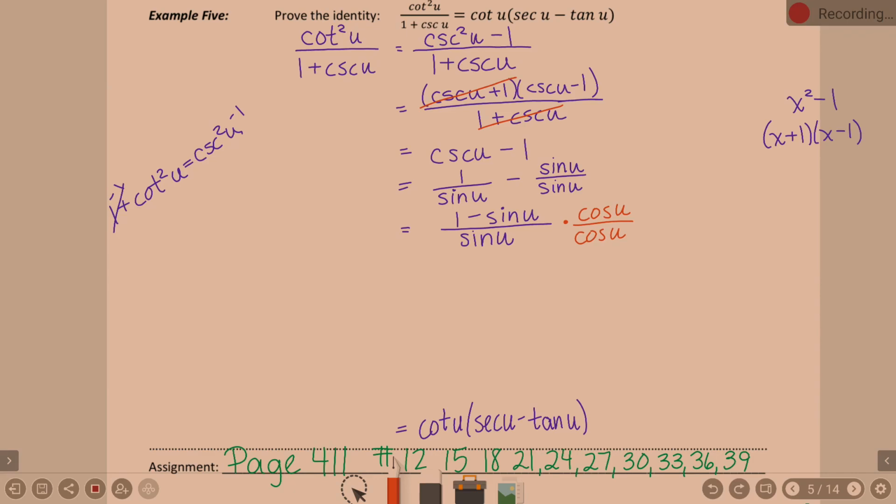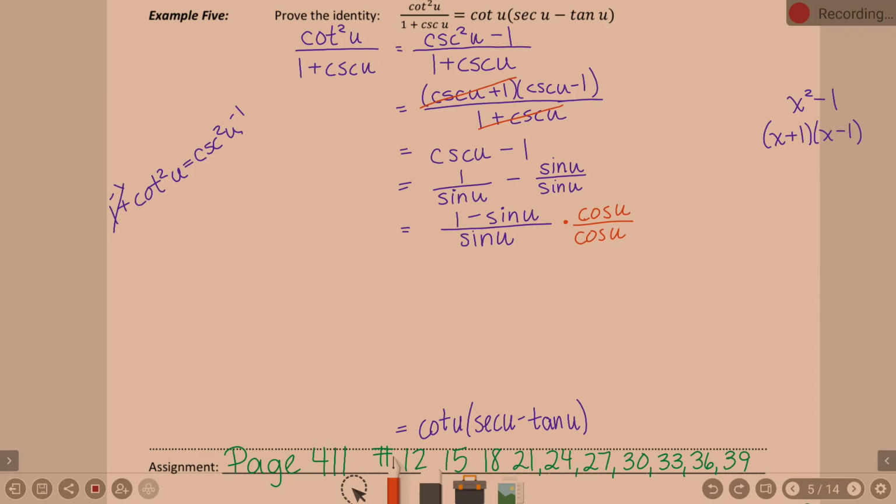I'm going to have a cosine on top and a sine on bottom that I'm going to be able to put together as my cotangent. My hope is the rest of this stuff will work out to be what I need it to be. Does that make sense? The hope is that this other stuff will just kind of sort itself out.